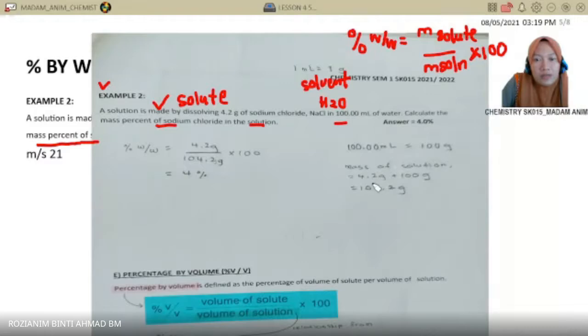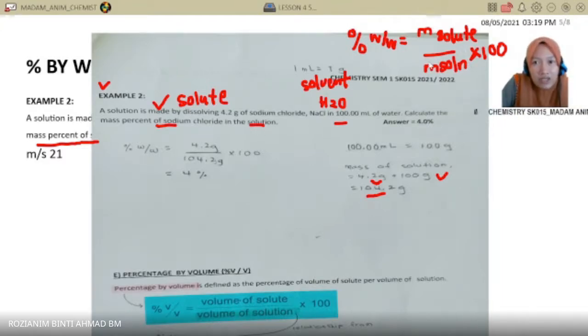The mass of solution 4.2 plus 100. So, di-add upkan solute dengan solvent. So, correct lah. Okay, so kita dapat 104.2 gram.